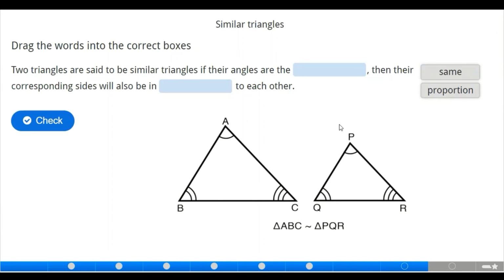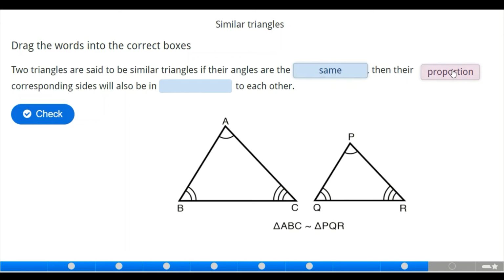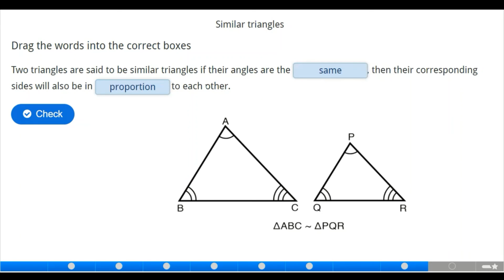Okay, now we have similar triangles. Two triangles are said to be similar to each other if their angles are the same. Then their corresponding sides will be in proportion to each other. So when you have two triangles and their angles are the same, then we call that type of triangle similar.